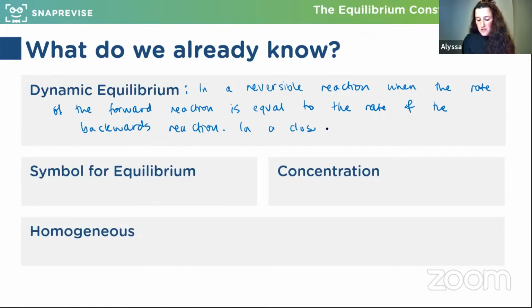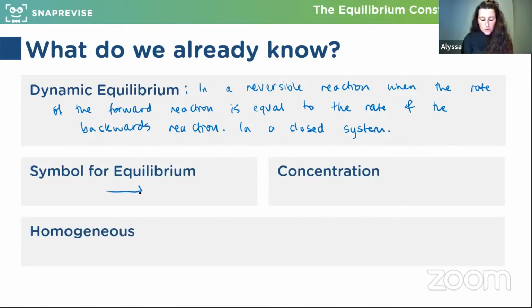It has to be in a closed system. We can't have matter leaving our system. And it means the concentration of the reactants and the concentration of the products stay constant. They stay the same over time. They're not necessarily equal to each other, but they stay constant over time. So constant is a better word to use when talking about the concentrations, and the same or equal to is fine for when we're talking about the rate, because the rates of the forward and backwards reaction are equal. They are the same, but the concentrations of reactants and products stay constant.